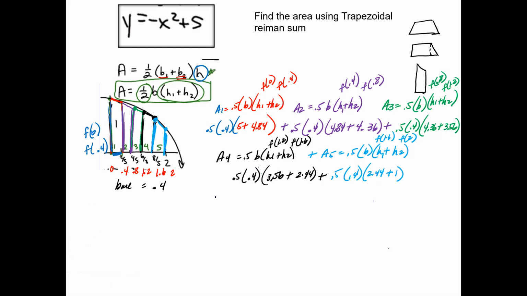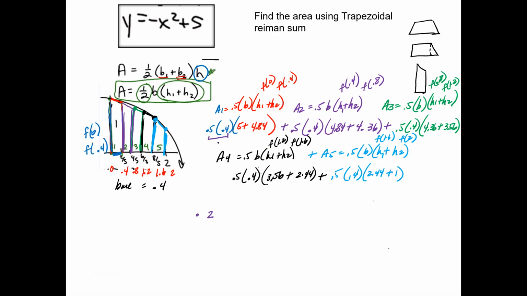Let's go ahead and add everything together and also multiply by 0.4 and then 0.5. So then looking at this part right here, 0.5 times 0.4 is going to give me a 0.2.